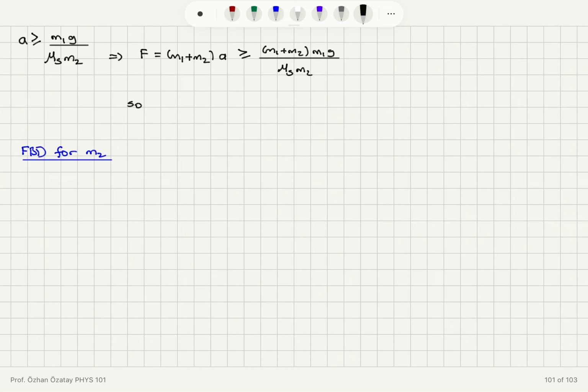So this gives me the final answer, basically the minimum force F for these two objects to move together: this force has a minimum value of m1 times (m1 plus m2) g divided by μs times m2.